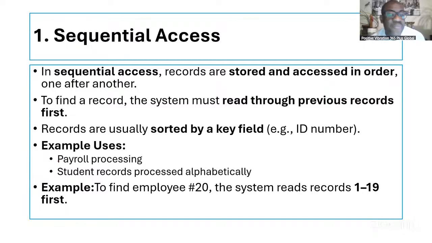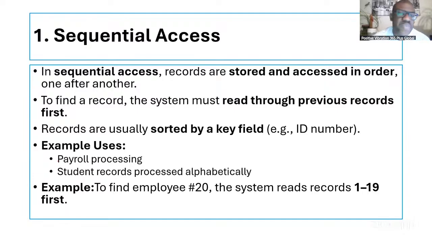To find employee number 20, the system would read from 1 to 19 to find employee number 20. So it would start at the very first one up to the one that it is looking for. And that is called sequential access.